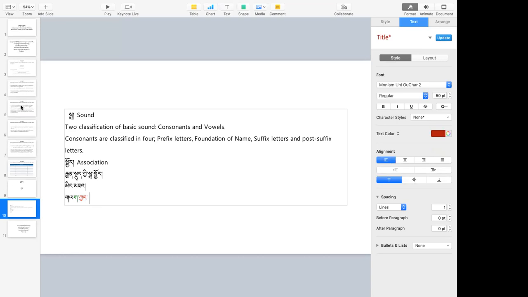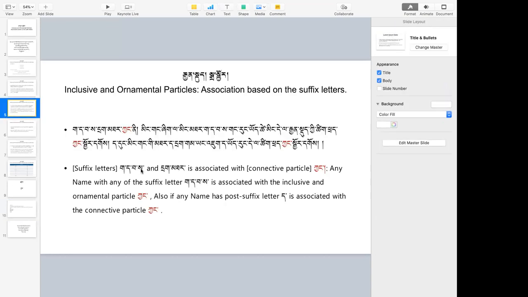So therefore, similarly, if the suffix letter was either ta, pa, sa, in any case where the name has a suffix letter of ka, ta, pa, sa, we'll understand that it is associated with the inclusive and ornamental particle yang.